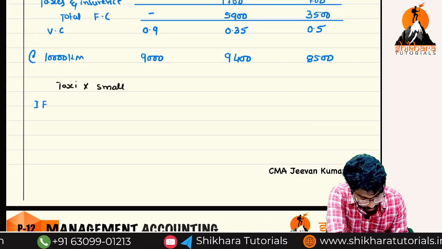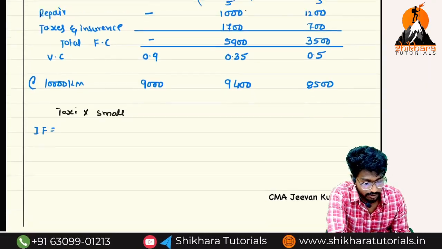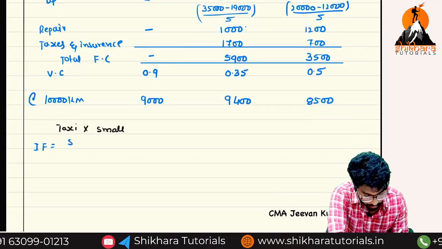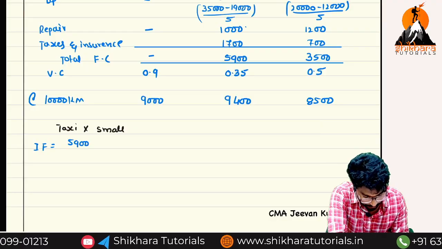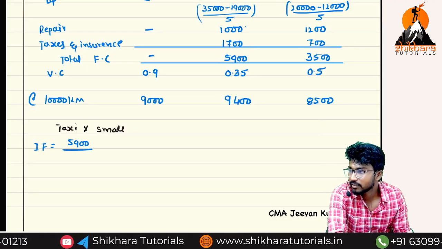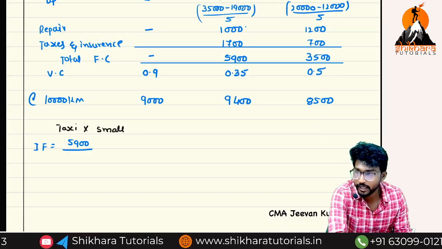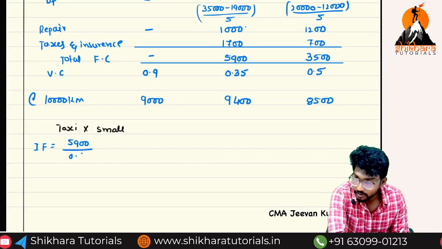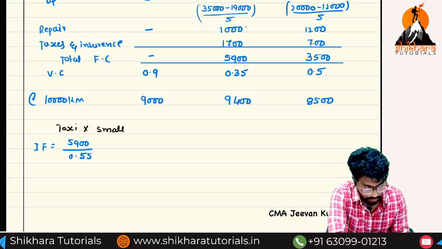The change in fixed cost: here it is 0, here 5,900, so 5,900, divided by the change in variable cost, 0.9 minus 0.35, 0.55.